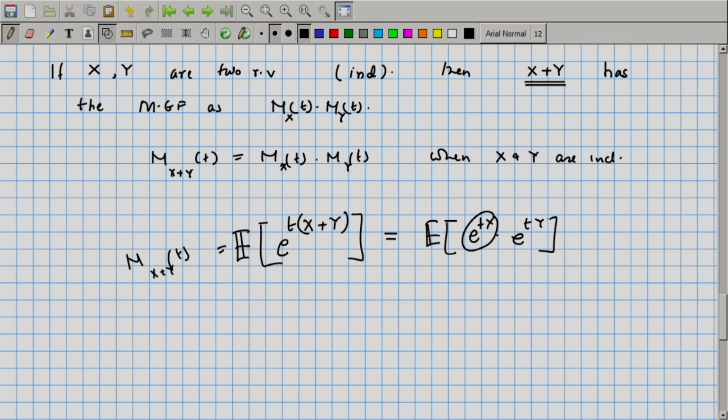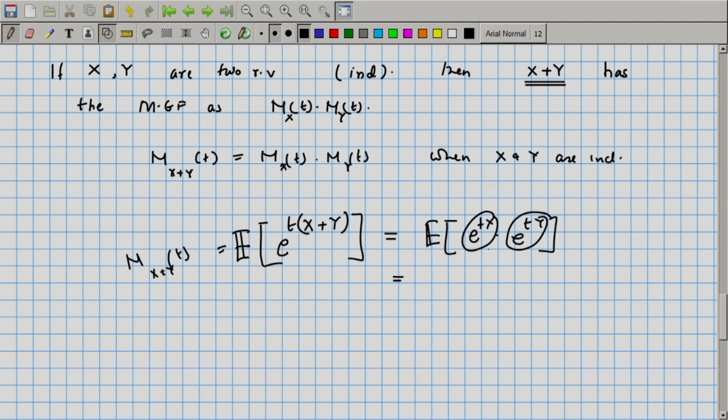E raised to tX and e raised to tY are random variables in their own right, and those random variables are going to be independent because X and Y are independent. When you look at independent random variables and you want to compute the expectation of the product, that will be just the product of the expectations.